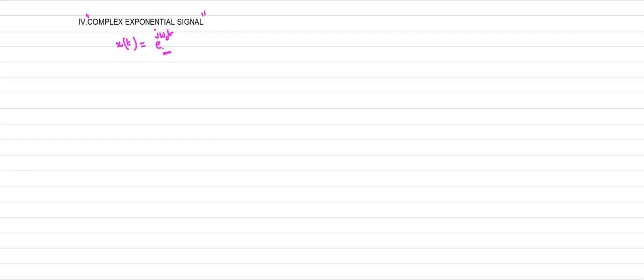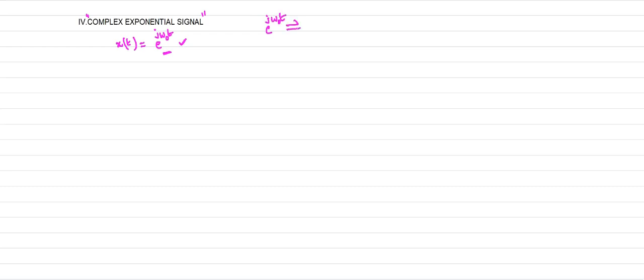We represent the signal in terms of its exponents, therefore it is a complex exponential signal. I want to find the Fourier transform of this complex exponential signal, e power j omega naught t.